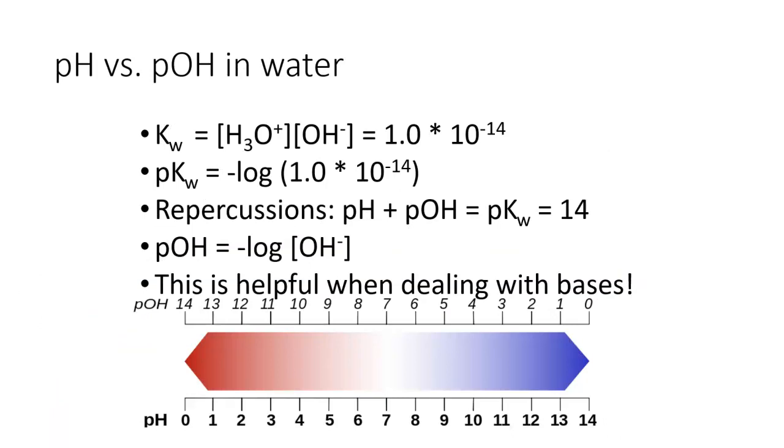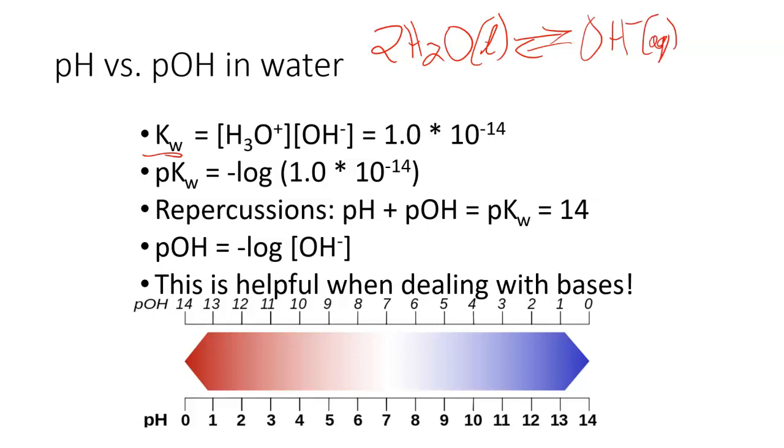And from that equation, we can get the Kw, the equilibrium expression for water. So remember, it's 2H2O (liquid) in equilibrium with OH- (aq) plus H3O+ (aq).